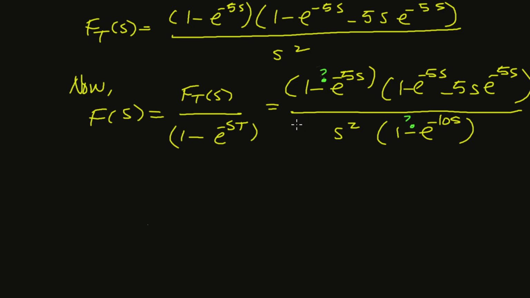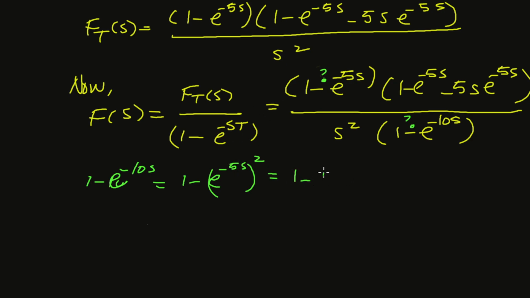We know how they are connected, right? Because this 1 minus exponential of negative 10s is 1 minus exponential of negative 5s squared, which is now like a difference of squares.